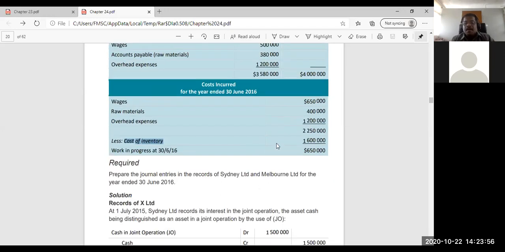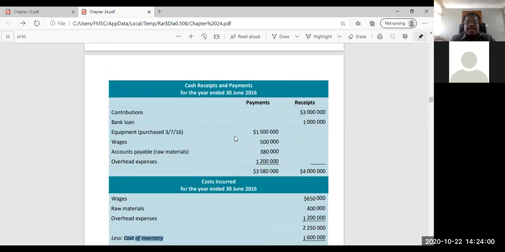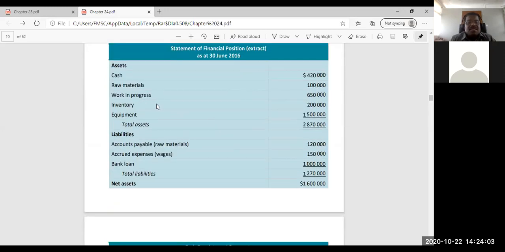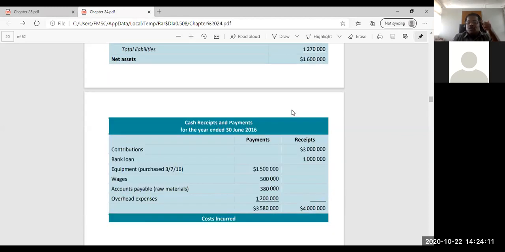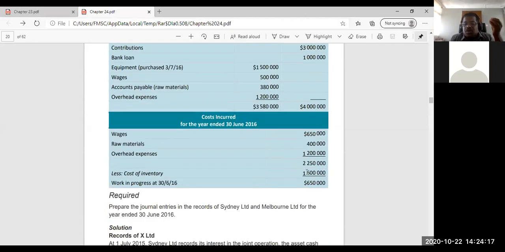Finished goods. So if this is the finished goods, if you look at the balance sheet it says the inventory is 200. So what would be the amount distributed among operators? You produce this much worth of inventory. In your balance sheet, in the business operation, you have 200 inventory.